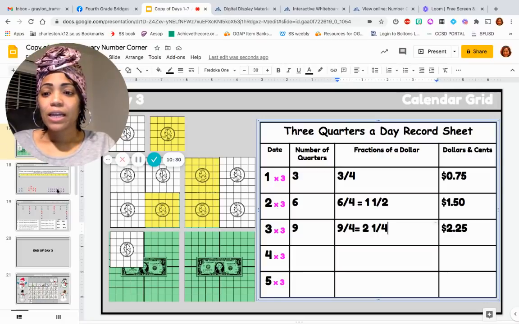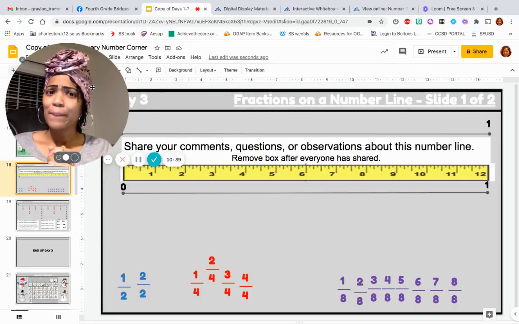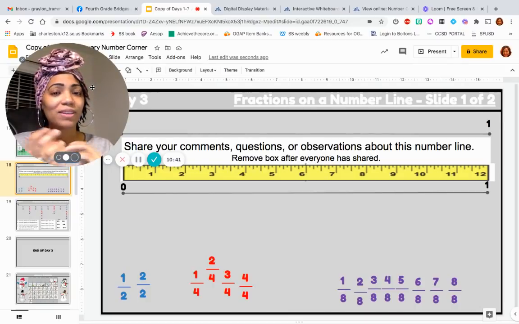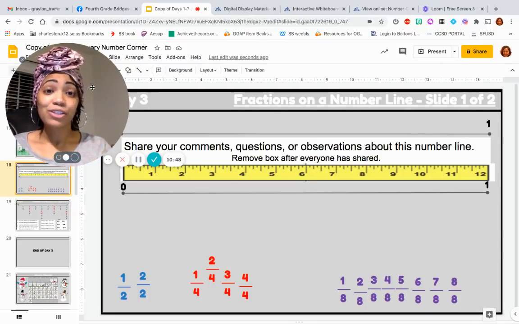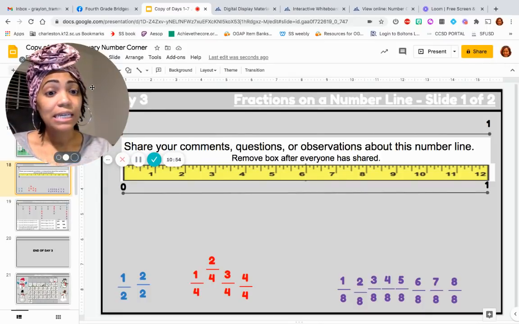All right. Now, our last activity for today, which I think is going to be kind of fun, is we're going to be putting some fractions on a number line. Now, this kind of goes back to, I think it was September, maybe October, where we were collecting 6 inches a day. But I had to scale it down to size so that it would fit on the computer and you could see it clearly.